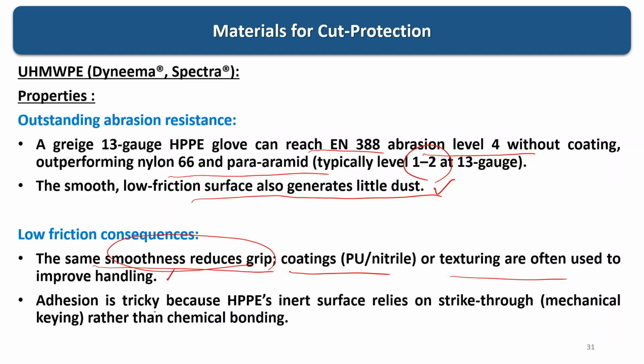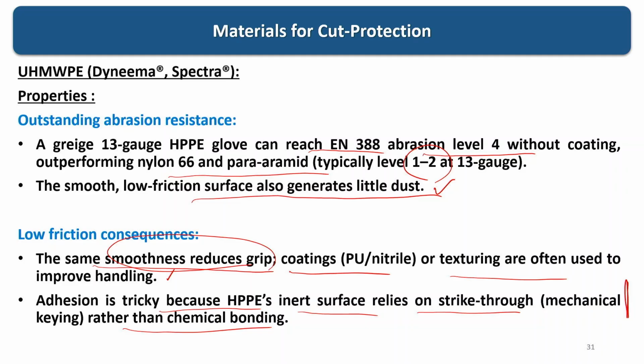Adhesion is tricky because HPP is an inert surface, relying on strike-through, basically mechanical keying rather than chemical bonding, which is important here. HPP, high performance polyethylene, does not normally react because it is an inert fiber. It is a long chain polyethylene, so it is inert.